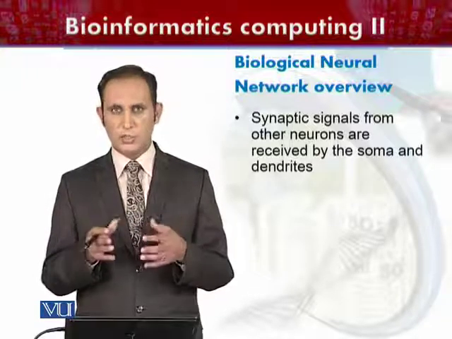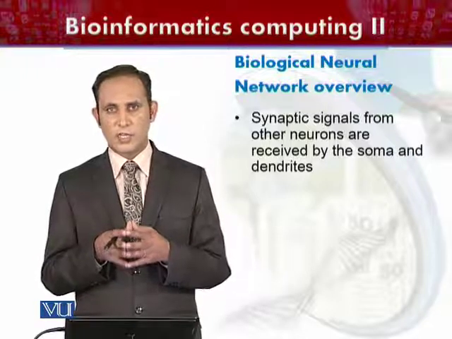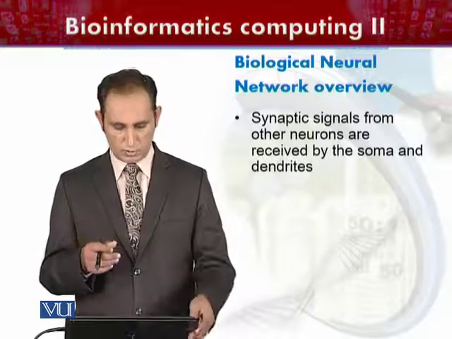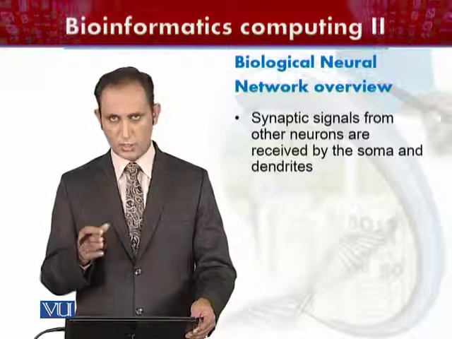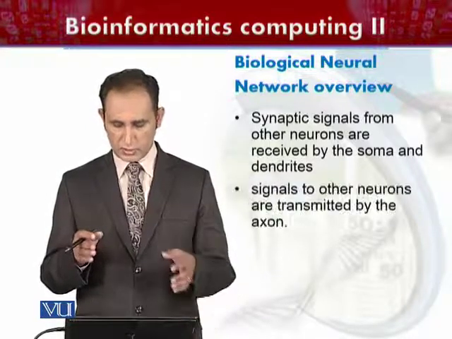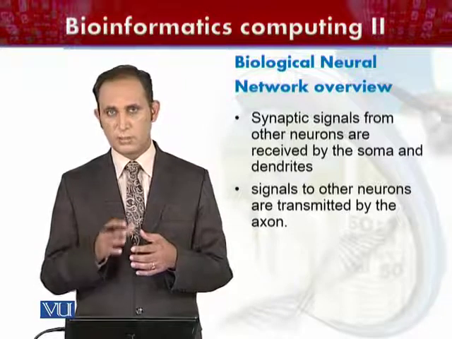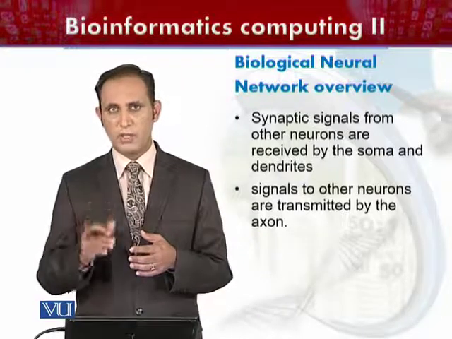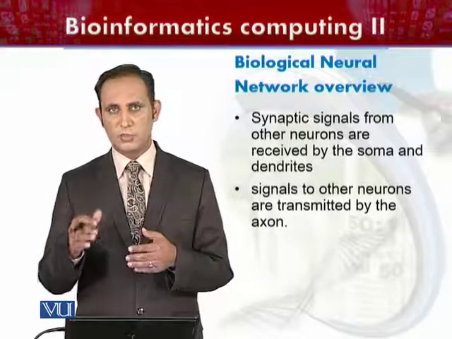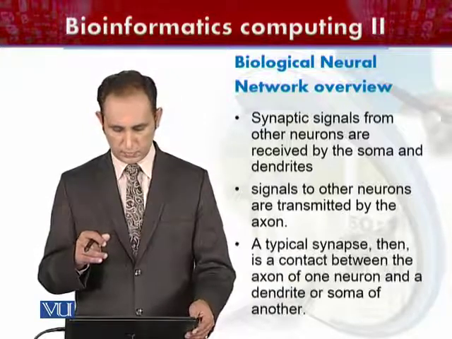So each neuron is receiving synaptic signals from many different neurons through its different dendrites, and signals to other neurons are transmitted by the axon. Each neuron transmits its signal to many other neurons through its branched axon.